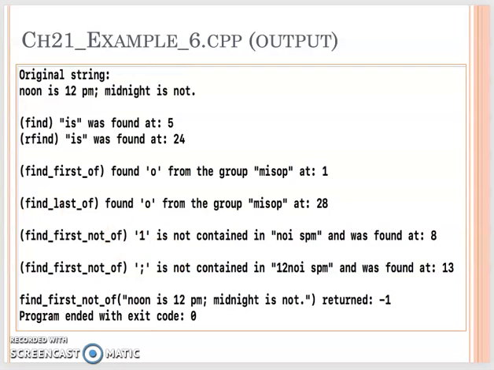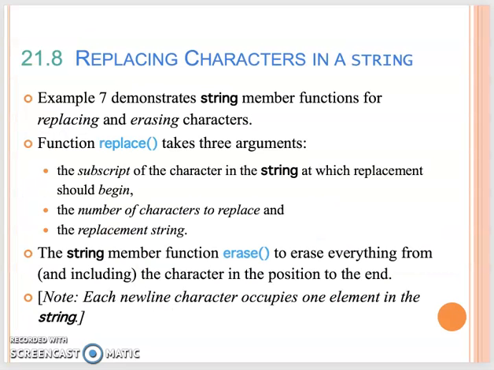After we find, sometimes we want to replace, right? So after you find and want to replace, we do have the replace member function in the string class. This replace member function takes 3 arguments.